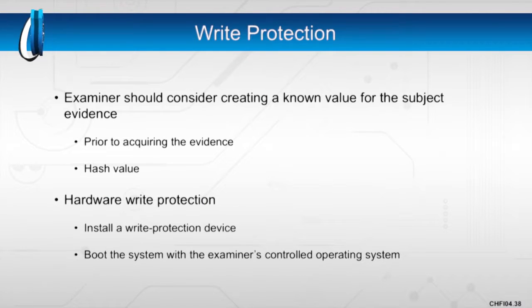Here's the physical write blocker. You put it in place prior to the acquisition, and also you flow that data out. A lot of those devices have built into them the ability to generate hash values as they pass the data stream across there. So that makes it a little bit more elegant. What you do is, before you pull the reference drive, you pull out your hardware write blocker and you get it prepared.